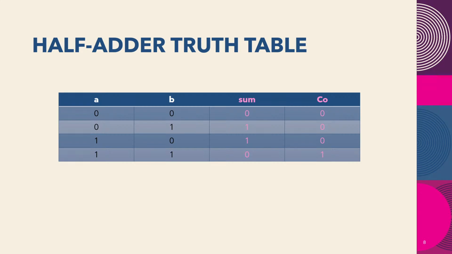Now, look at these 2 columns, the sum and the carryout bit, and tell me what they look like to you.